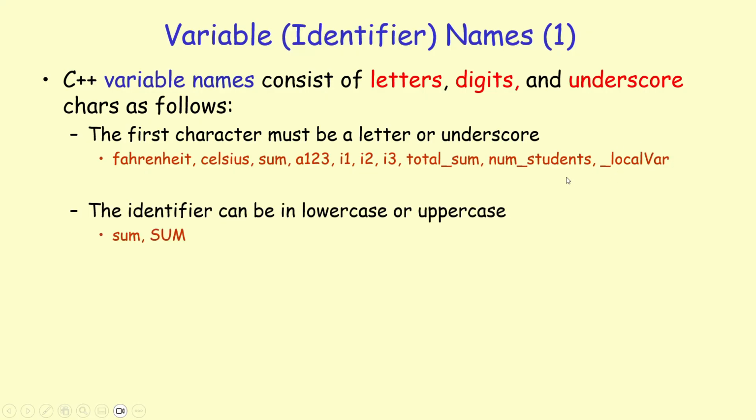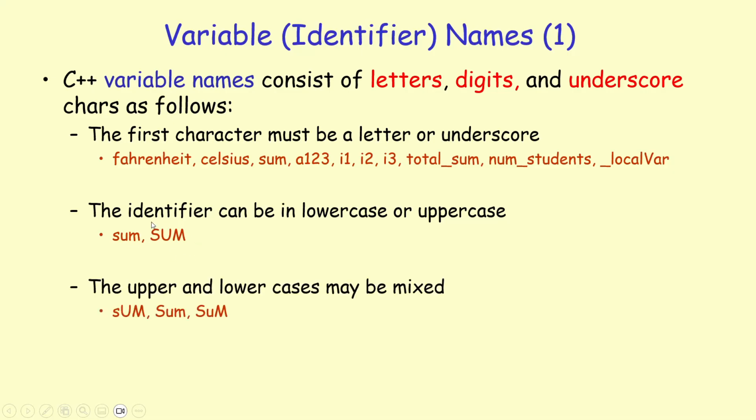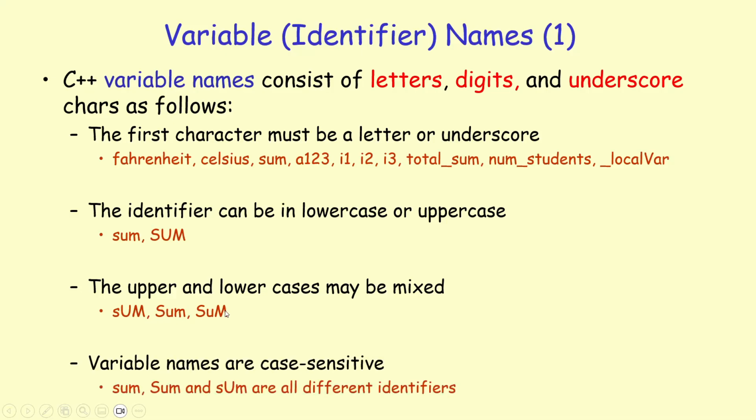The identifier or the variable name can be in lowercase or uppercase. You can see we have sumall in lowercase and SUMALL in uppercase characters. Upper and lowercase characters may be mixed, so you can have these three variables where uppercase and lowercase characters are mixed together.